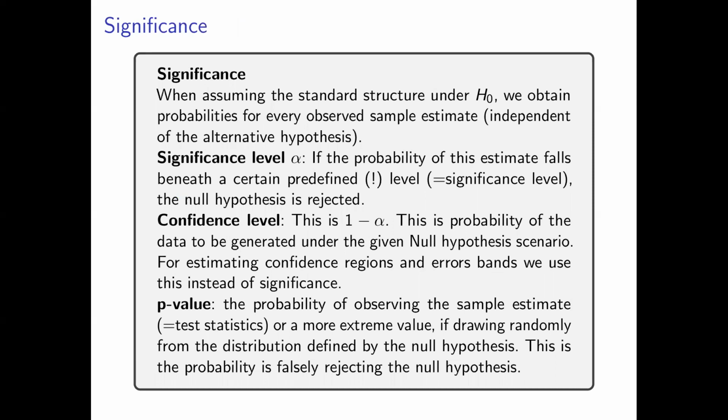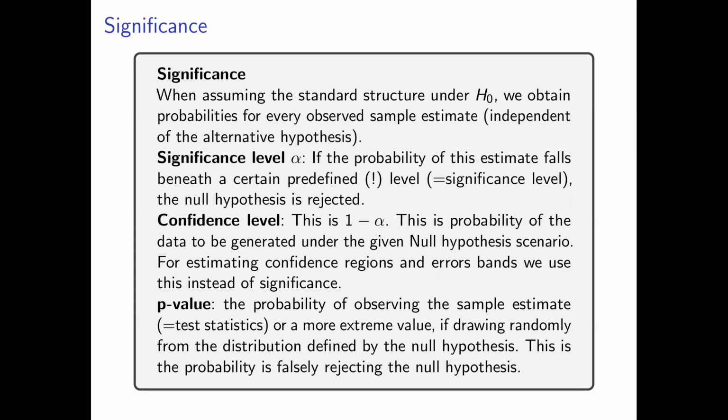Related to this is also the idea of significance and confidence. The significance level alpha, which is specified, is basically the probability to reject the null hypothesis incorrectly, whereas confidence is 1 minus this alpha level. It's the reliability of being close enough to the null hypothesis scenario to not fall into the significant area of rejecting the null hypothesis.